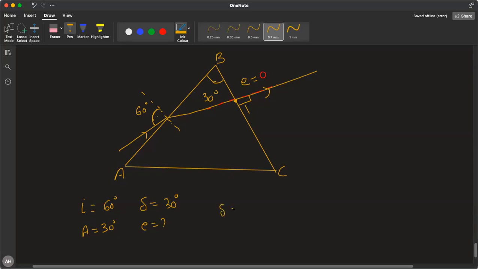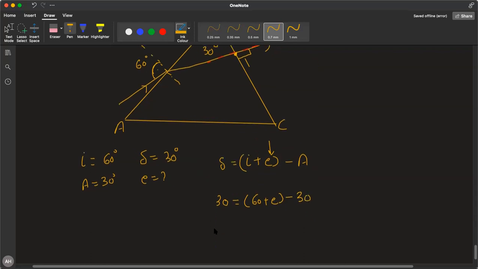So we have a relation: delta is I plus E minus A. From this relation, we can calculate E. Let's put all values. Delta is 30, I is 60, E is unknown, minus 30 degree.